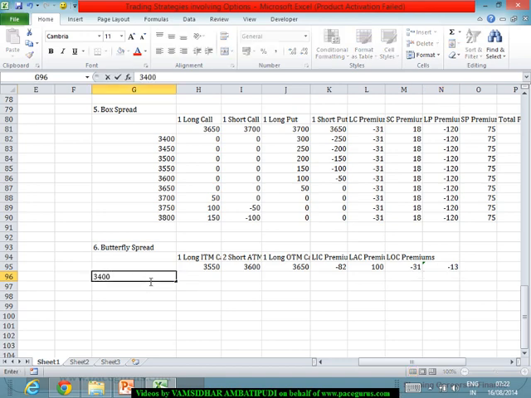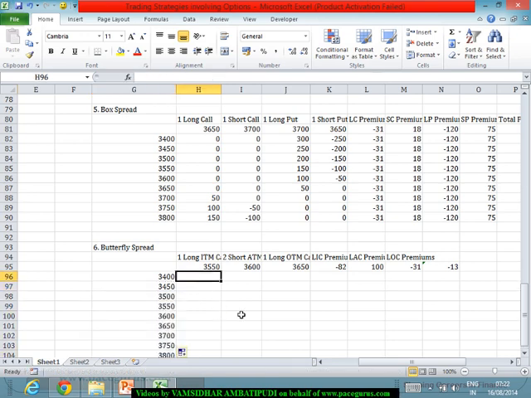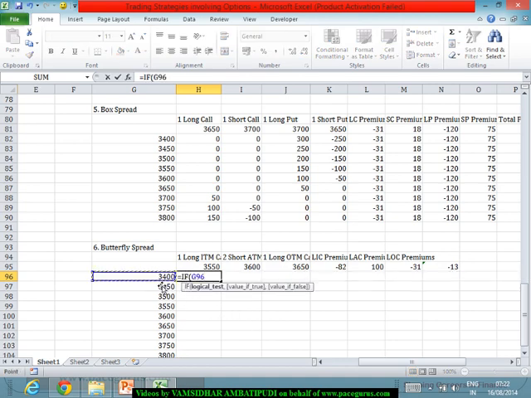But I will be checking what happens if the stock price touches any of these numbers on the expiration date. That's what I have been tracking. So the long call would be exercised only if the market price is greater than the strike price. Until that time it's going to expire, and after that it's going to give me the benefit of the difference between the two.